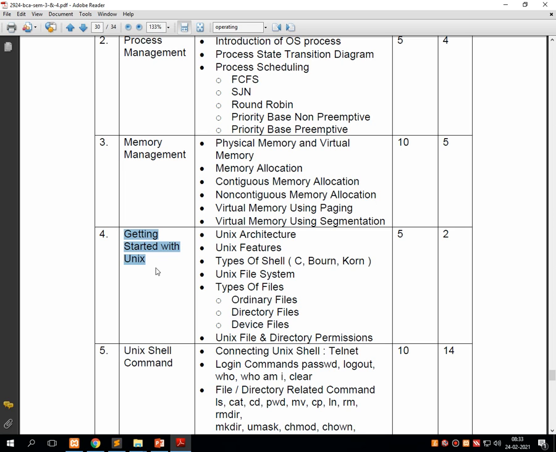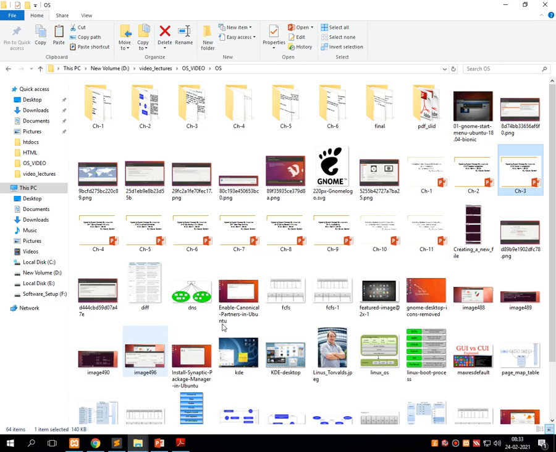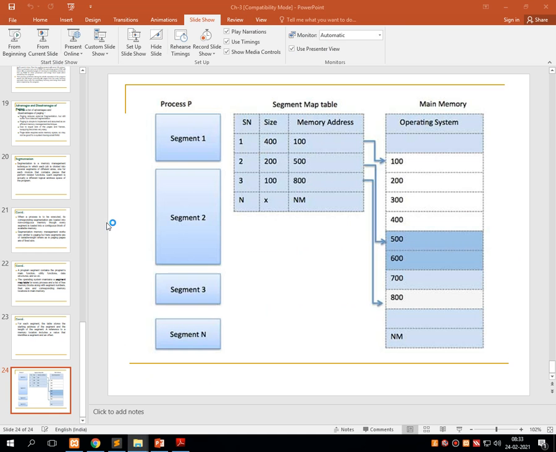So the introduction of Unix comes here in unit number 4. Without wasting more time, let's start with topic number 1, that is called Unix architecture. This is very important from the university examination point of view.